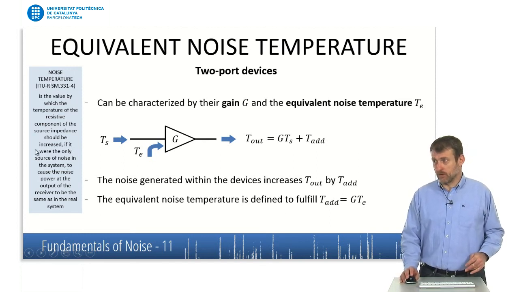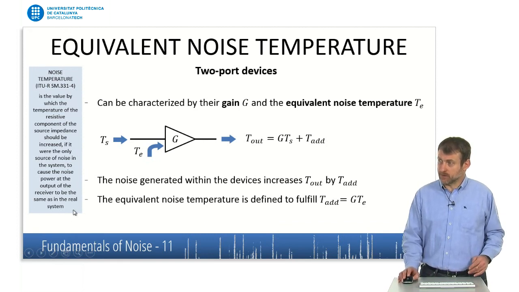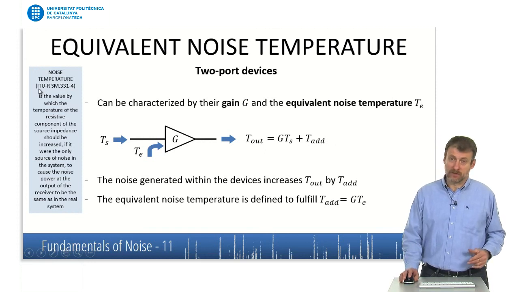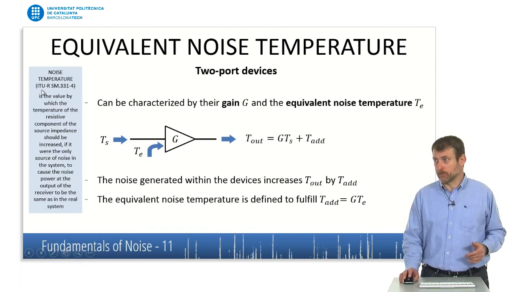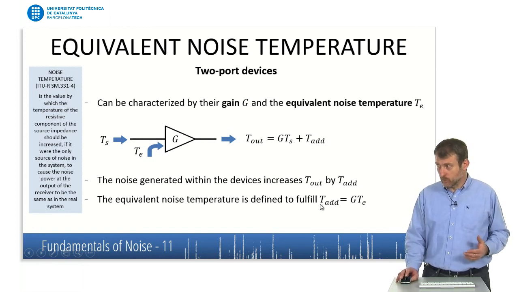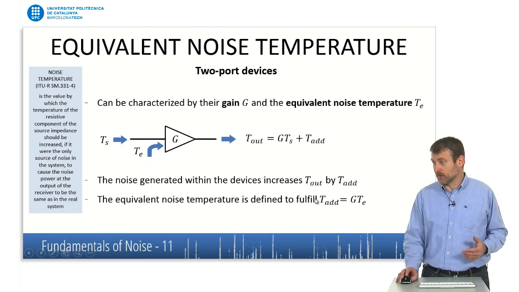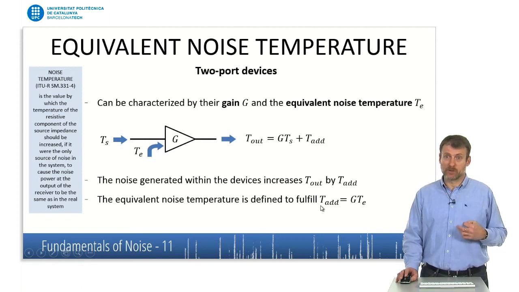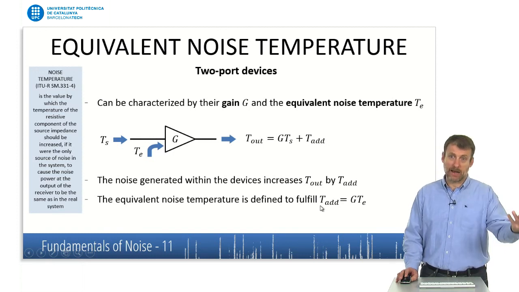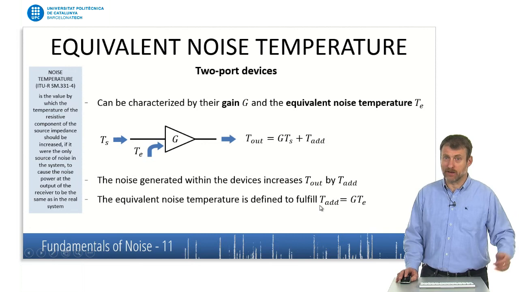The wording of this paragraph reproduces the wording of the definition of noise temperature given in the standard of the International Telecommunication Union, but essentially this standard says that the noise temperature of a two-port is defined by the temperature at the input that accounts for the noise added by the device at the output.